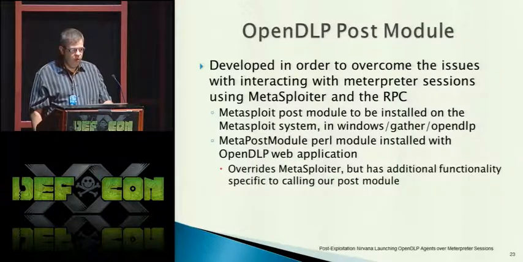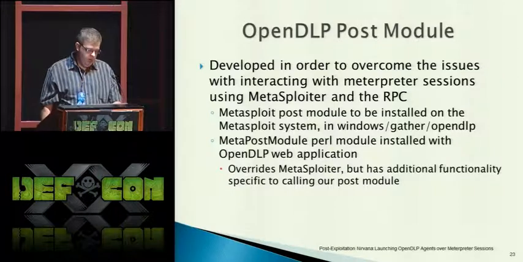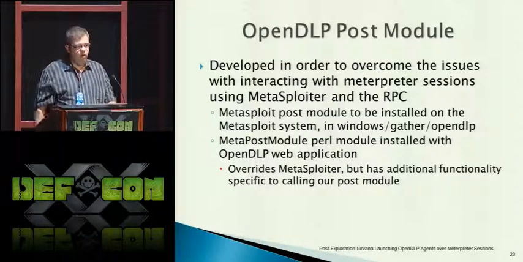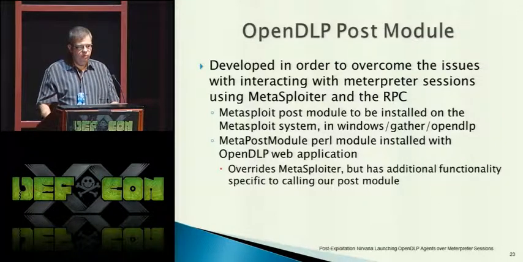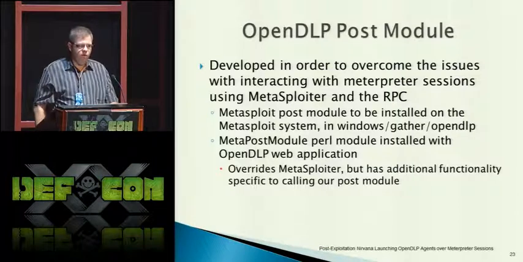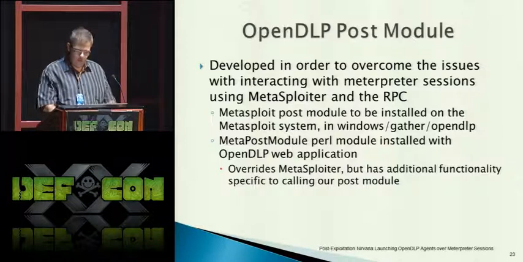It's not a general use class, it's very specific. It overrides the Metasploiter Perl module I made before, but it actually only uses a narrow subset of that. All the Meterpreter stuff is not used at all. It strictly communicates directly with this new post module.